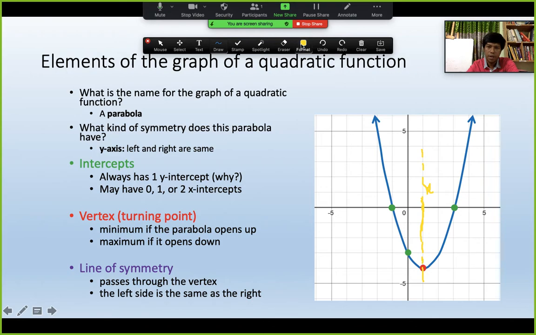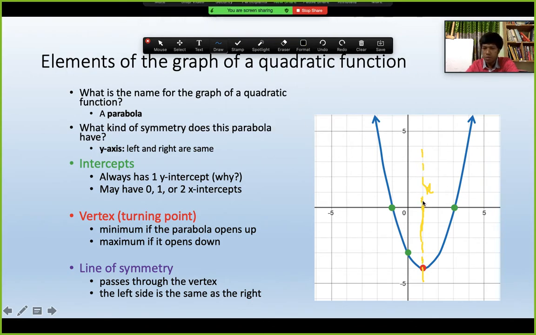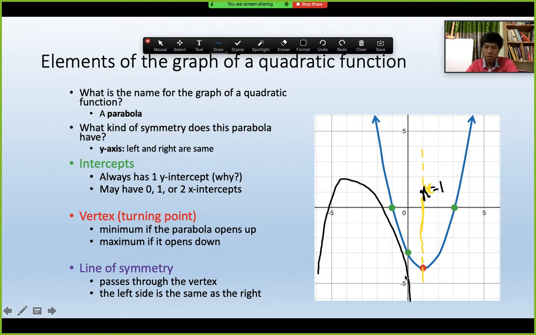Let me use the black color. So x equals 1 is the axis of symmetry, the line of symmetry for this parabola. Now say the parabola is here, I'm just drawing it randomly. Suppose this is my parabola, somewhat.